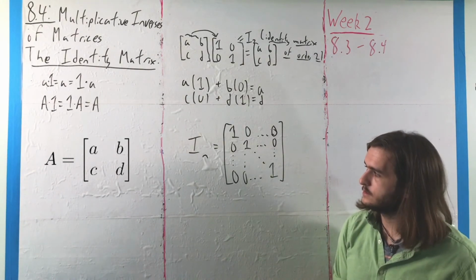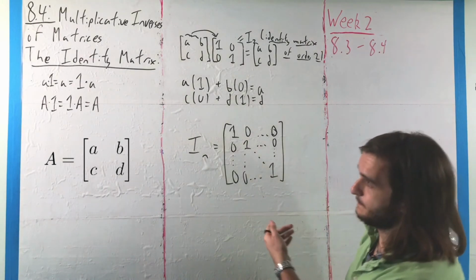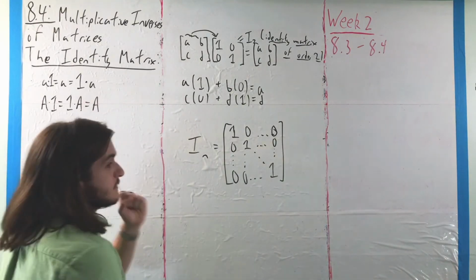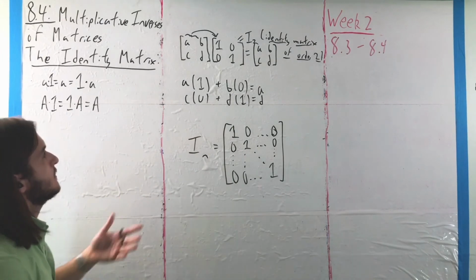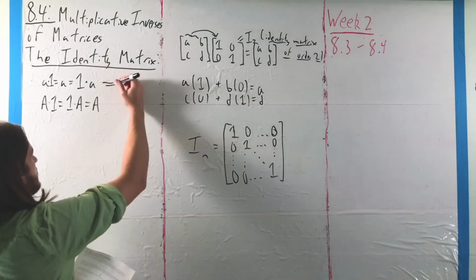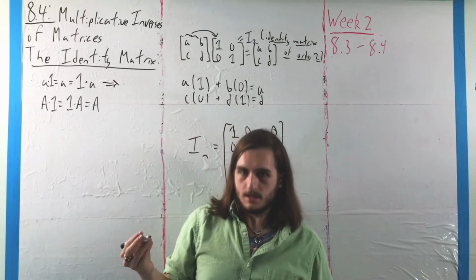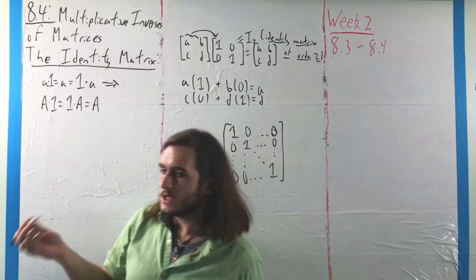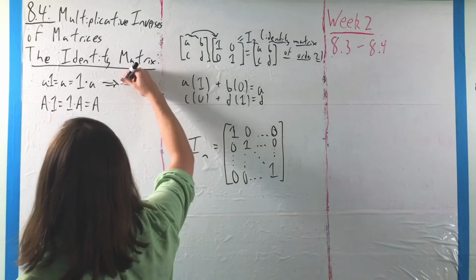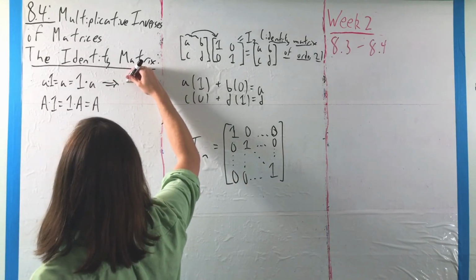But hopefully, this leads to another question. Because we remember that the idea of an identity by multiplication indirectly implies an inverse.